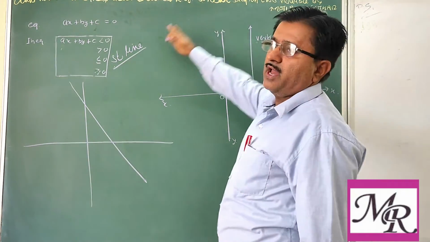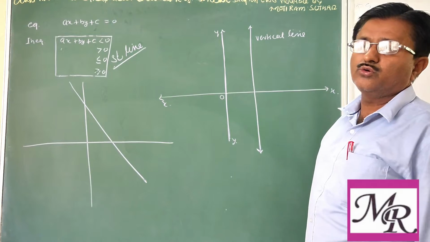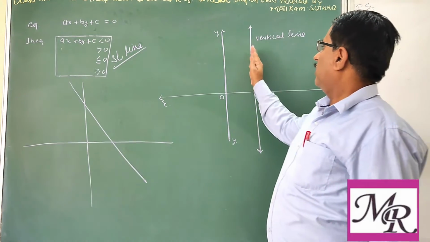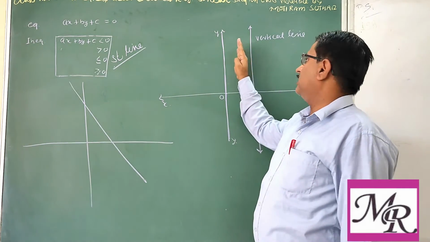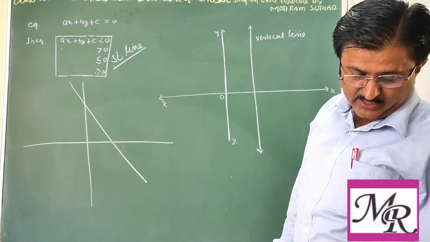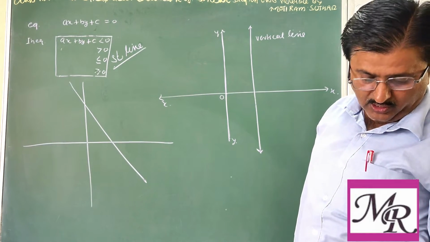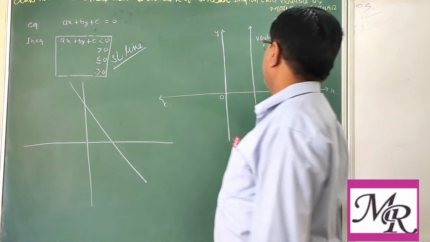So this whole blackboard or plane is divided into two parts. One part is towards this side of the line and the other is this side of the line. So we can say a vertical line will divide the plane into a left and right half plane.